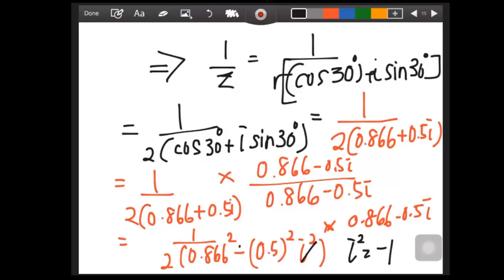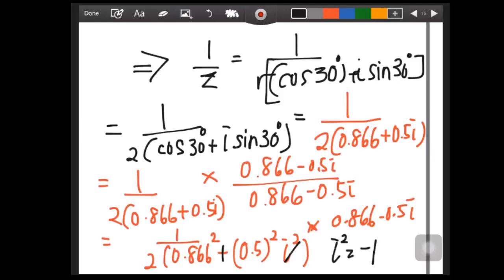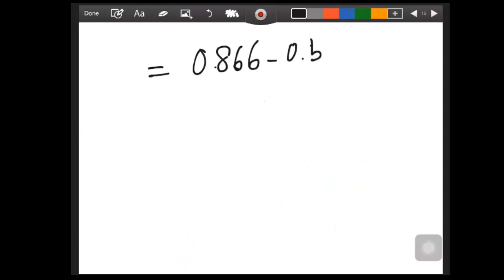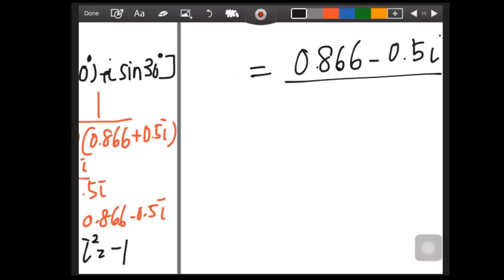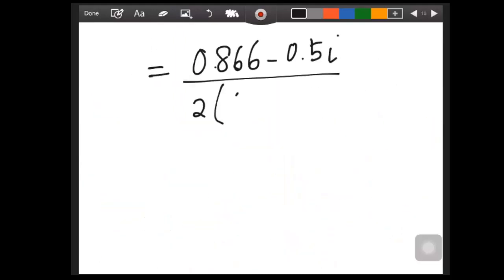So kita bawa ke sana. So kita ada 0.866 minus 0.5i divide by 0.866 power of 2 plus dengan 0.5 power of 2 lah. Okay, so kita dapat berapa kat situ?